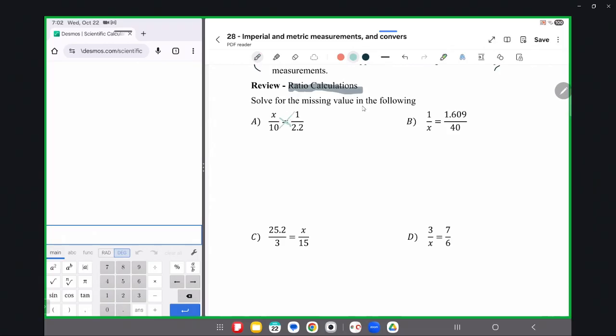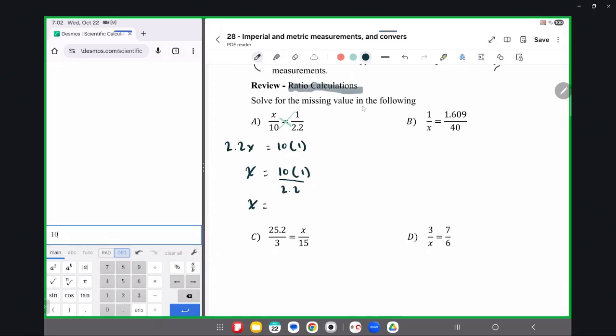So we want to use the means and extremes. We're going to multiply 2.2 times x, and that'll be equal to 10 times 1, which is just 10, but we'll just leave it like this. Divide both sides by 2.2. And so x will be equal to 10 multiplied by 1 divided by 2.2.